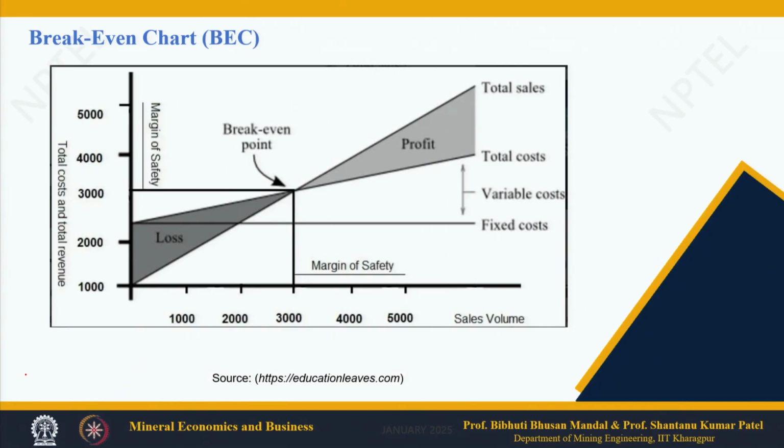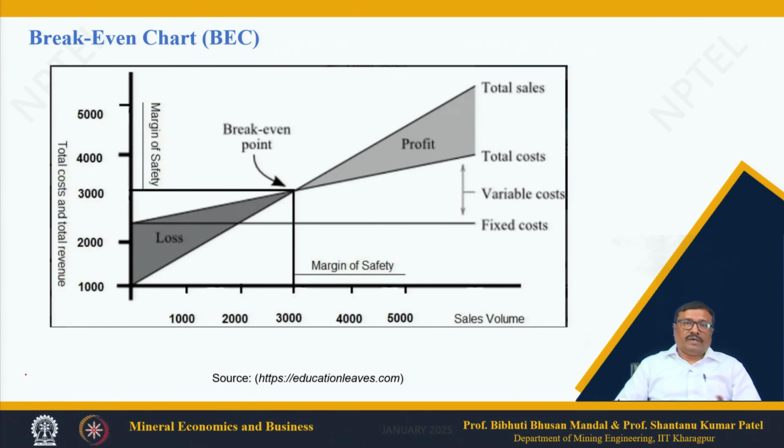As you can see from here, just to remind you, let us recall the break even chart, which is linear. In this particular slide we are showing the linear once again, just to set the mood, and then what complications can arise from the total sales and total revenue if they are not linear.